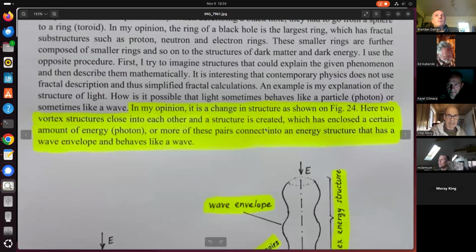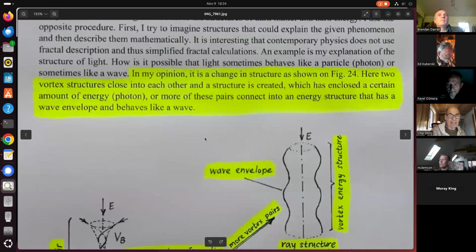As an example in my explanation of the structure of light, how is it possible that light sometimes behaves as a particle or sometimes as a wave? Emphasized in yellow, in my opinion, it is a change in structure as shown in figure 24.